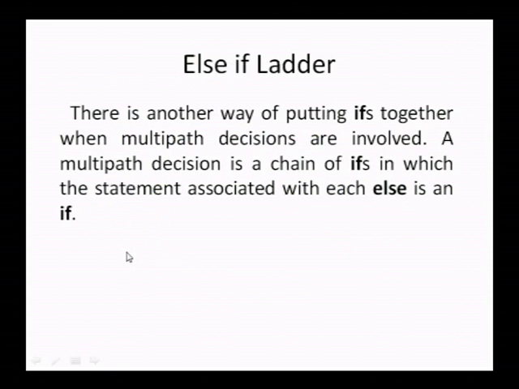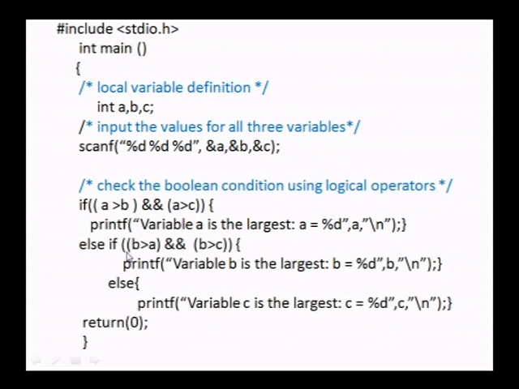Else if B greater than A and B greater than C, then B is the largest element. If none of these conditions are true, it means that C would be greater than A as well as B. So without checking any condition, we simply write the statement that C is the largest element.